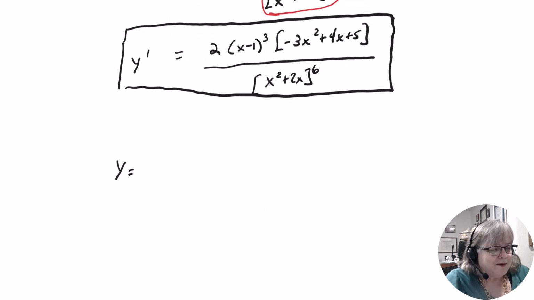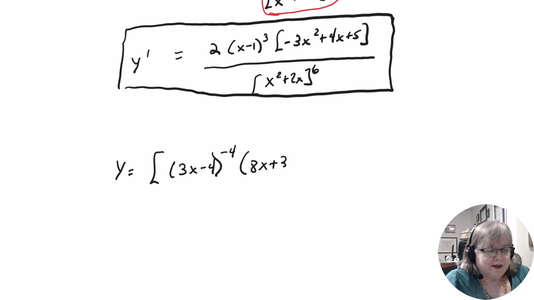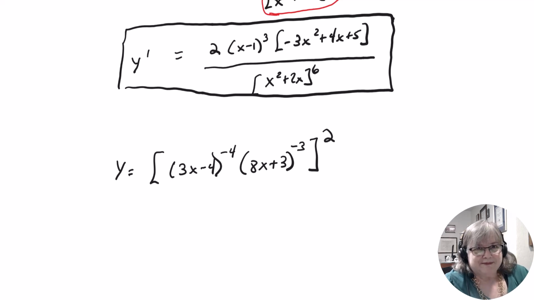So y equals 3x minus 4 to the negative 4, 8x plus 3 to the negative 3, squared. Okay, you can do this.